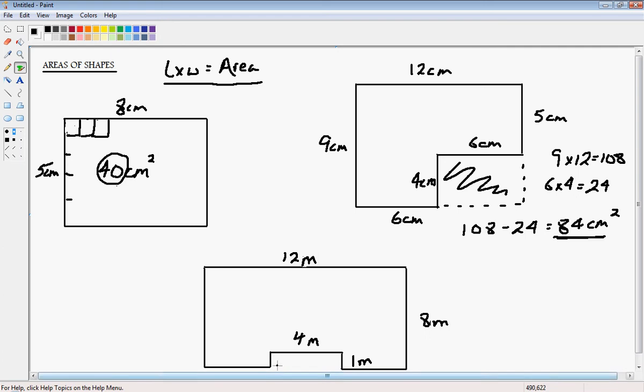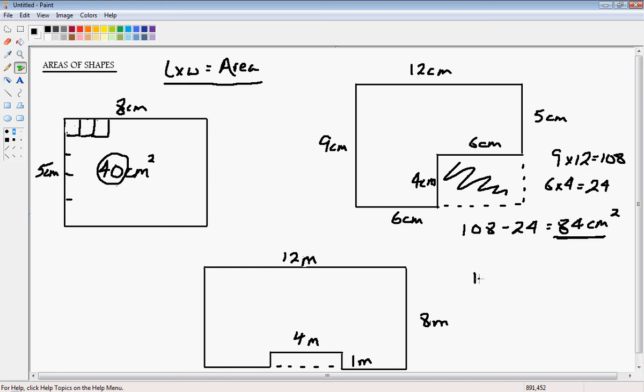Now if we take this one, a piece has been taken out of the middle. Okay, so I just do exactly the same. I pretend that this piece is still here.